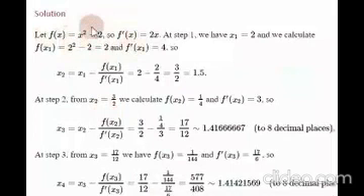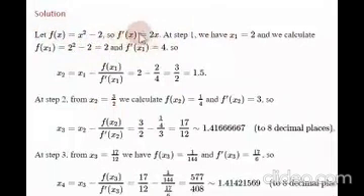This is a continuous and differentiable function. Now look at this function here. This function is a second degree polynomial, a quadratic equation. So square root 2 is a root of this one.